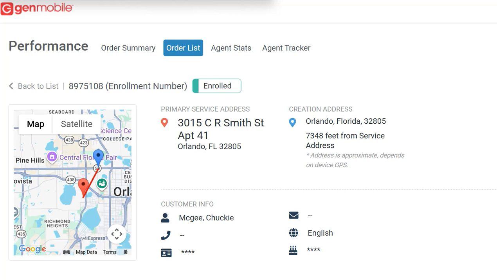Basically, a customer has happened across Seamus set up in the community and has signed up for service. He is enrolled. There's his enrollment number, his name, his apartment number, all that stuff. Seamus has done a good job on this one.